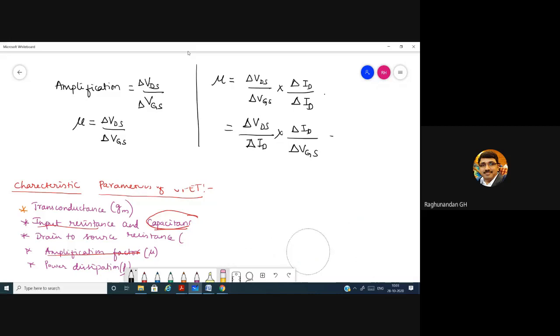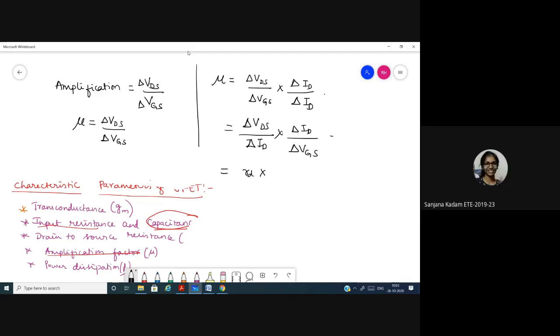What is delta VDS by delta ID according to the formulas we have derived? V by I, just now we did. RD. And what is delta ID by delta VGS?